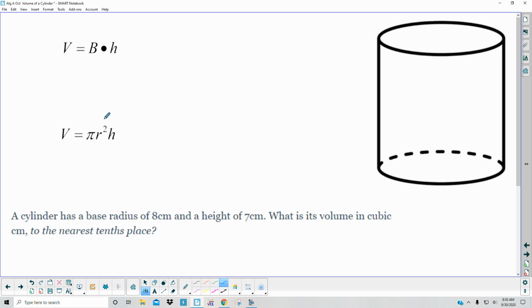So this is the formula for the volume of a cylinder. A cylinder is like a soup can or a soda can. This is an uppercase B. It is definitely not the same thing as the area of a triangle, and that was a lowercase b. A lowercase b is a length.